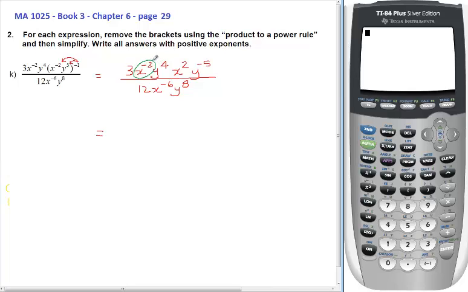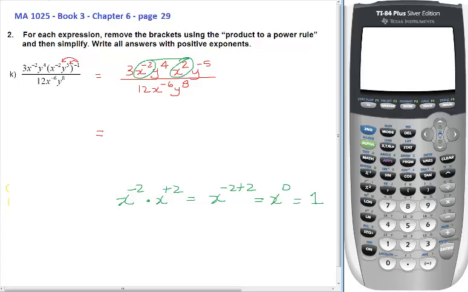So I see x to the negative 2 and x to the positive 2. See that? Now what are you going to get with x to the negative 2 times x to the positive 2? Well, when you add, you're going to get x to the negative 2 plus 2, which is x to the 0. And we know anything raised to the power of 0 is a 1. Okay, so literally they're going to disappear.